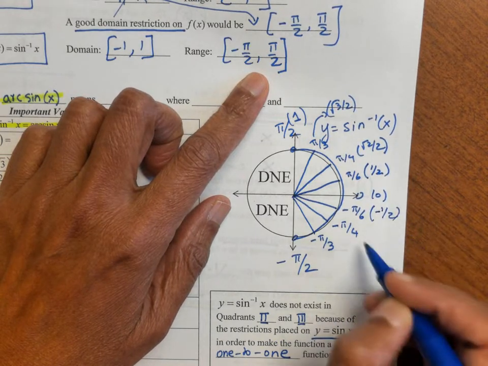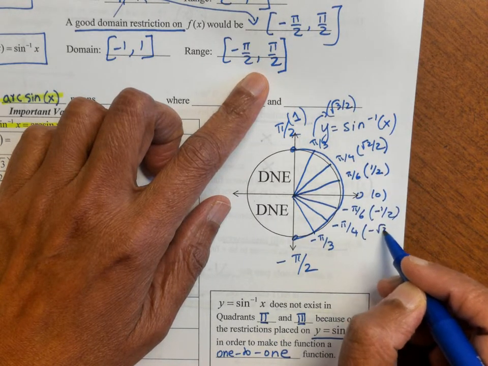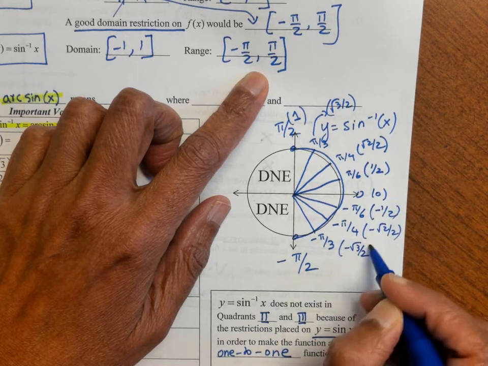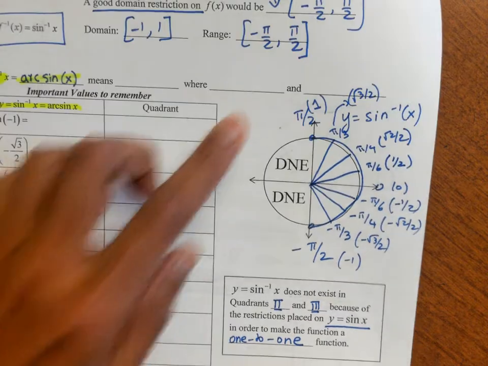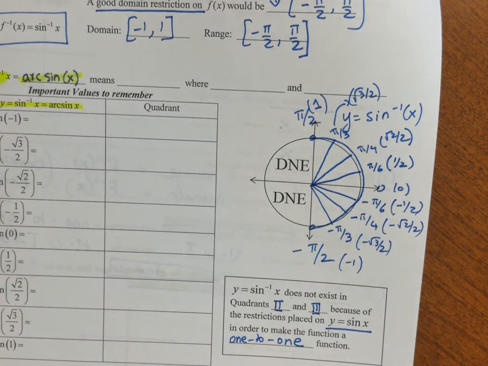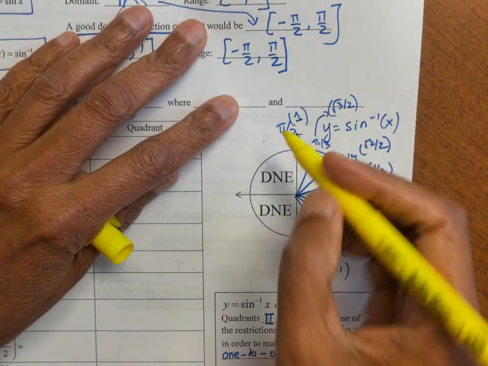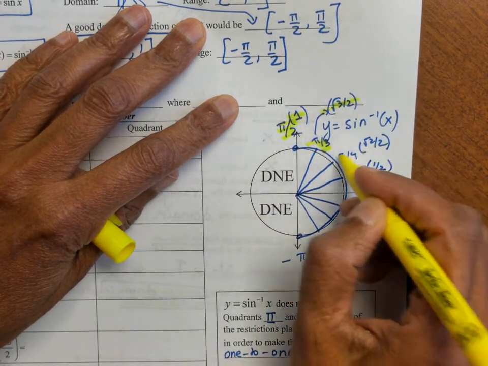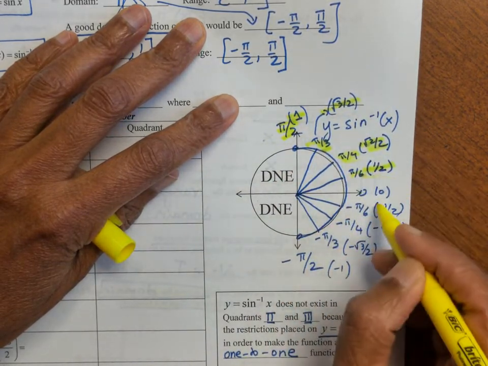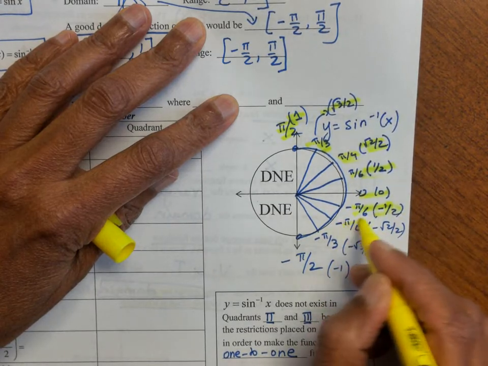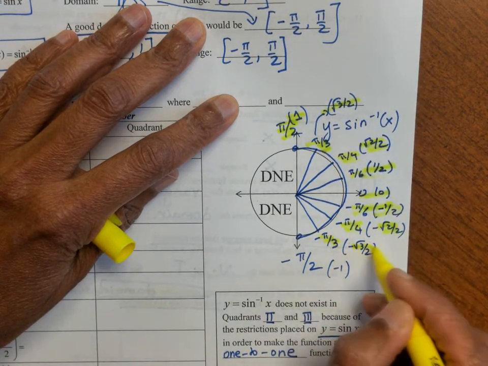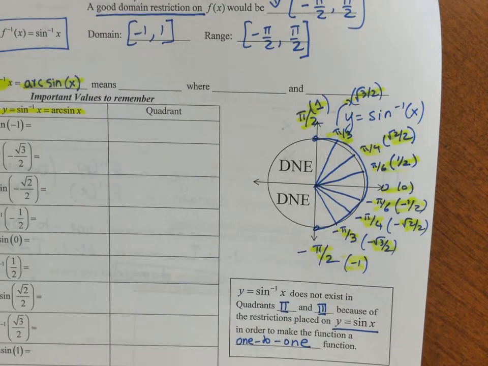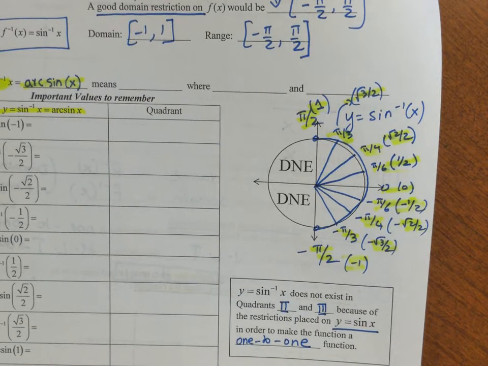Negative half, negative square root of 2 over 2, negative square root of 3 over 2, and negative 1. These are the different values.